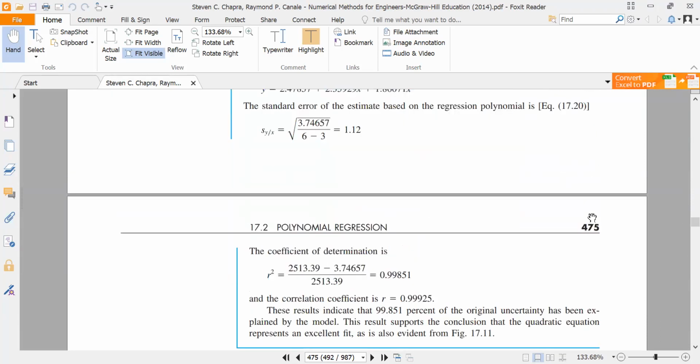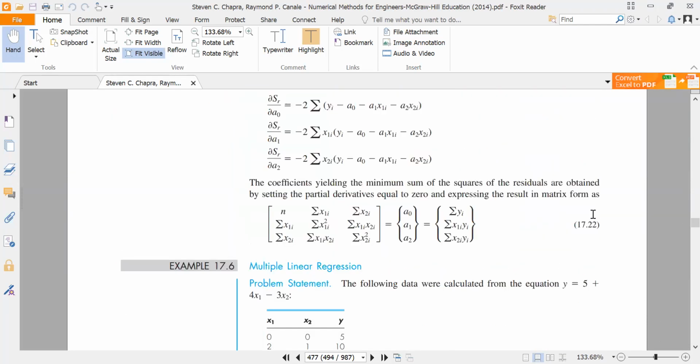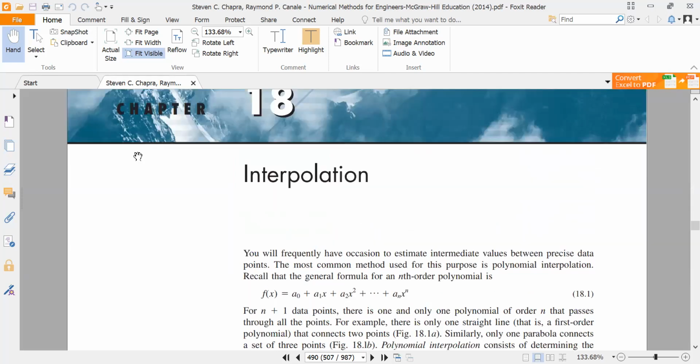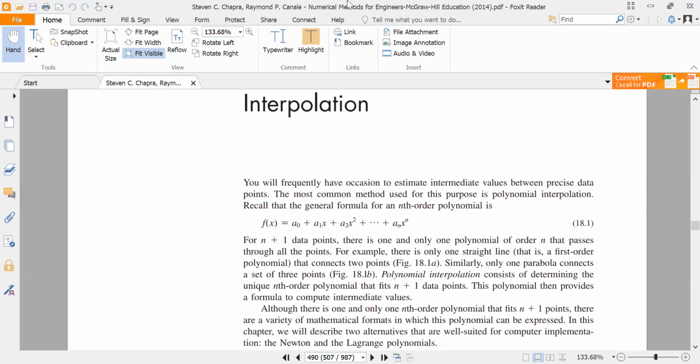For example, if we have two data points, what mathematical function could represent these two data points best? Can anyone answer this question? If we have two data points, this is an intermediate level first year question.